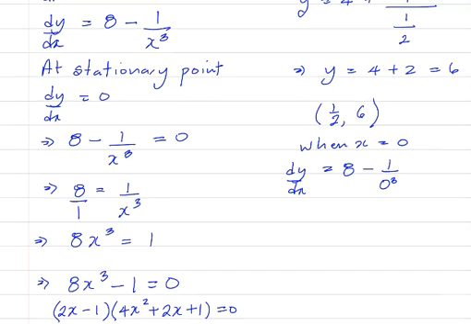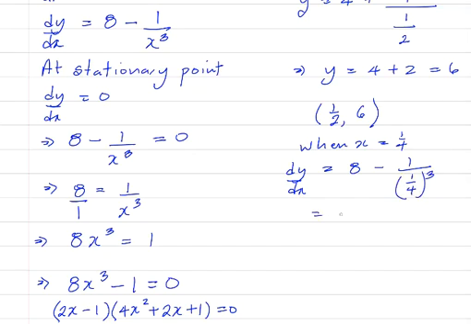I could use a quarter. When x is equal to a quarter, dy by dx would be equal to 8 minus 1 over a quarter cubed.